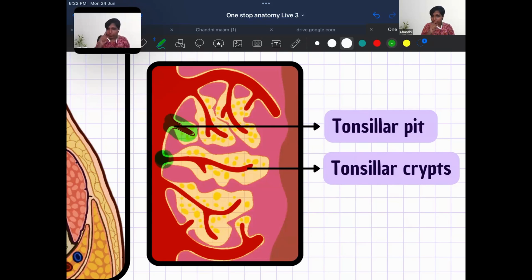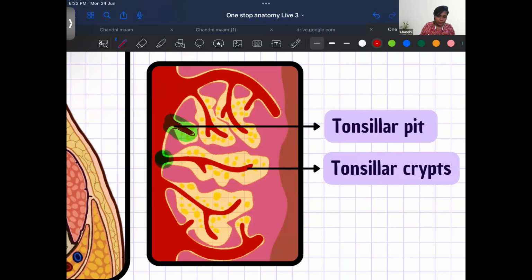But the mucosa actually gets in. You see this? Any deep pit or a shallow pit that gets extended into the substance is called a crypt. Okay? It's basically nothing but a really deep pit.